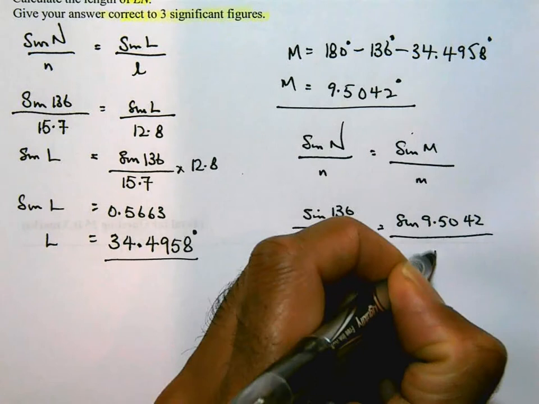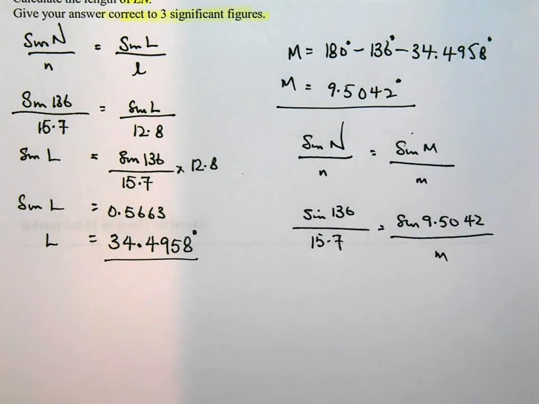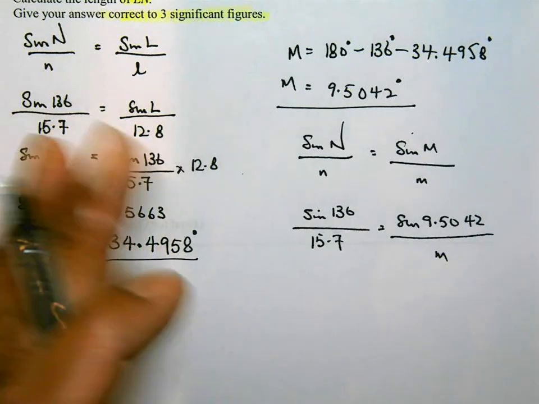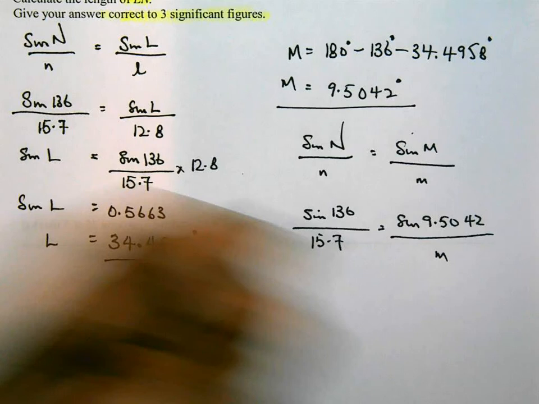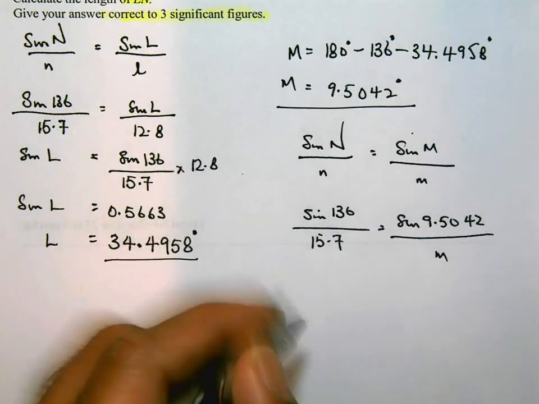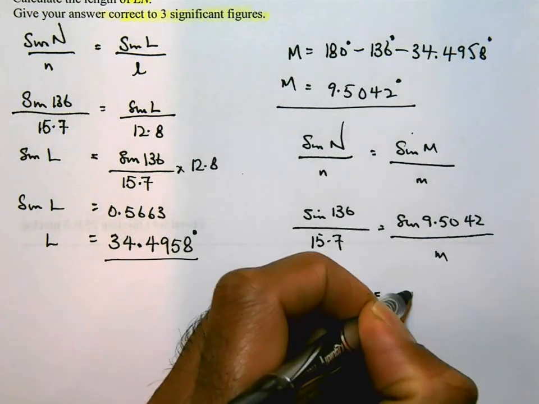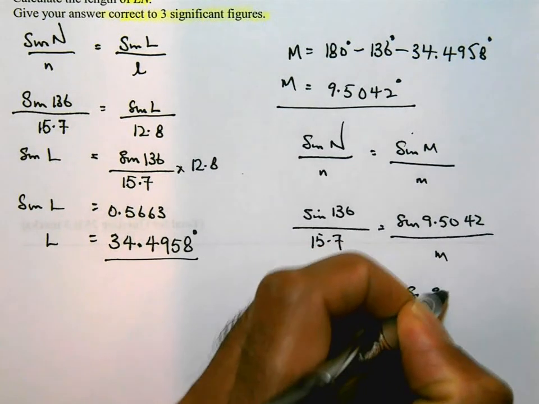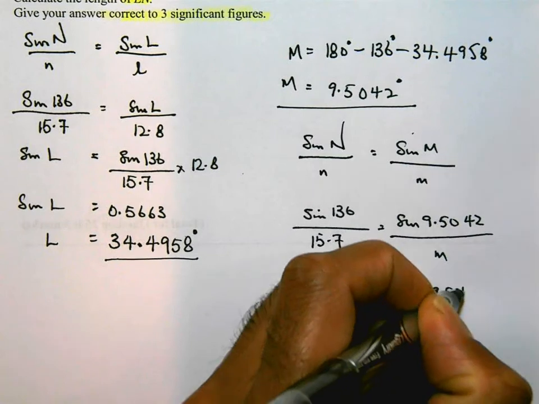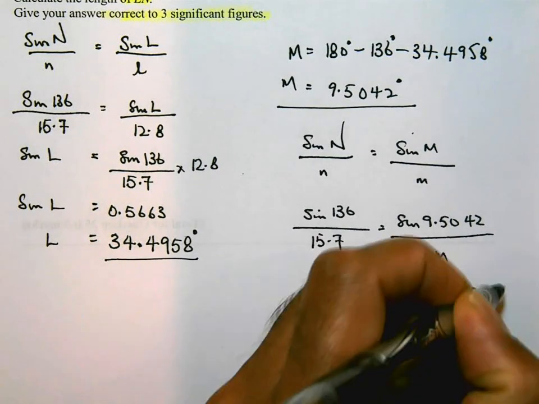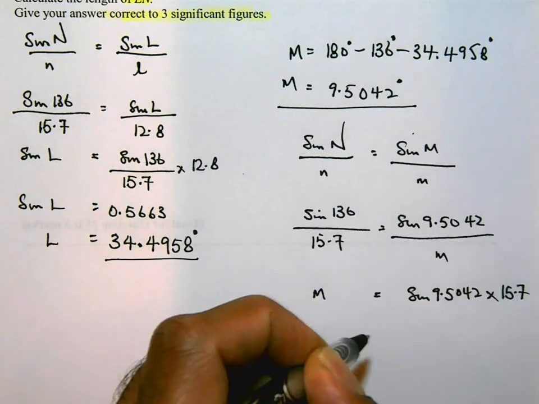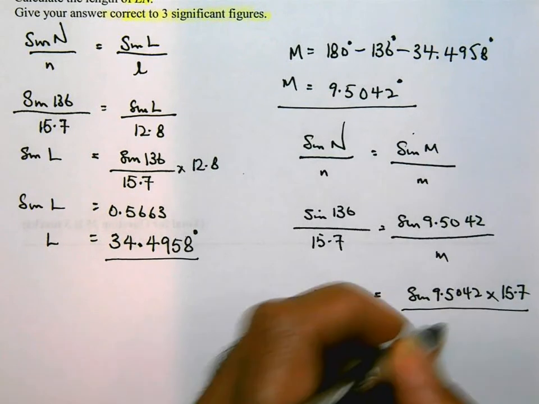Now this is slightly more fiddly, right? But you should be able to manipulate this. You should be familiar with it. I'm going to do a quick rearranging. I'm going to get m is equal to sine of 9.5042 times that by 15.7 all over sine of 136.